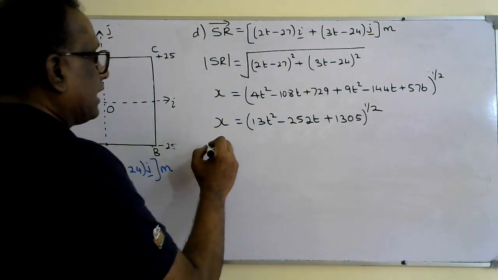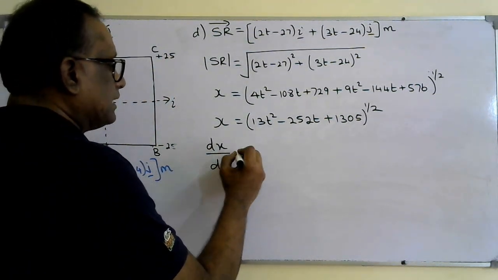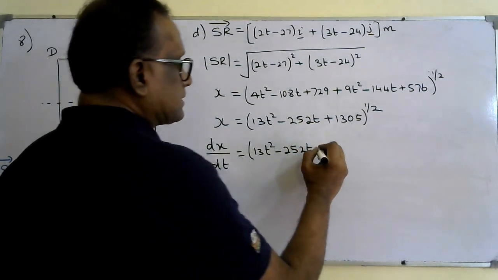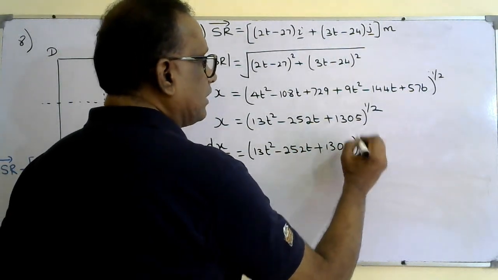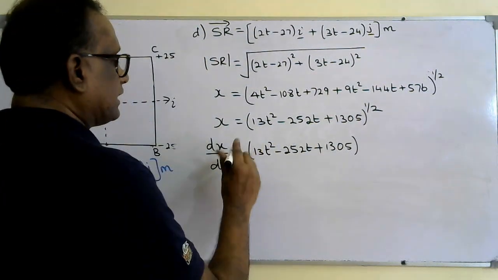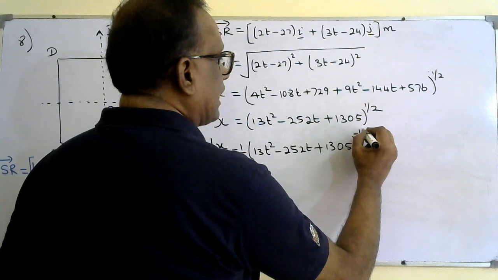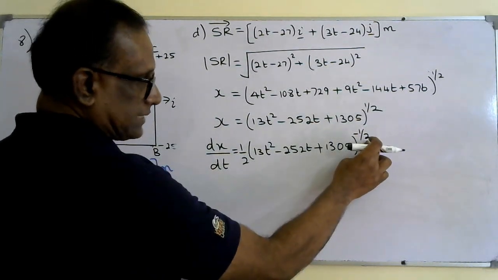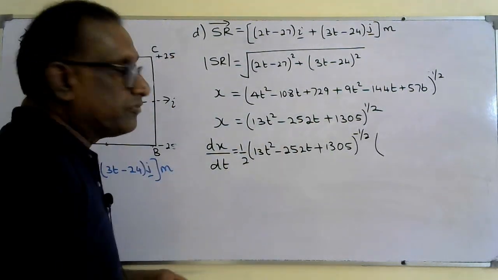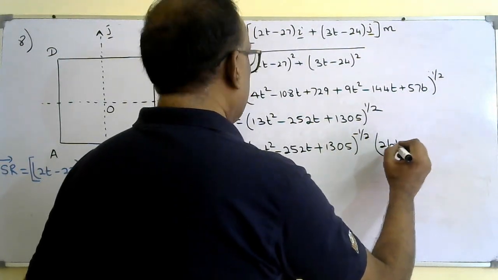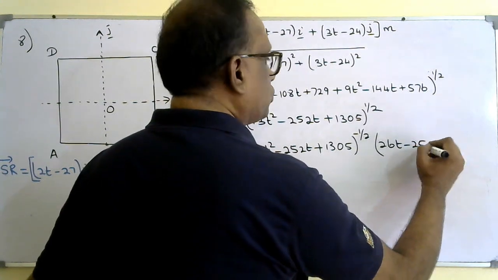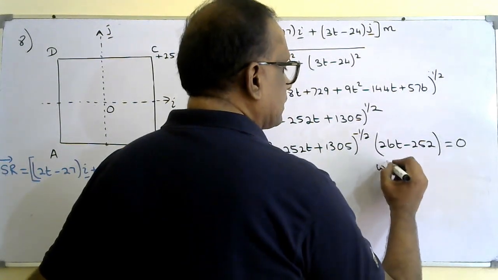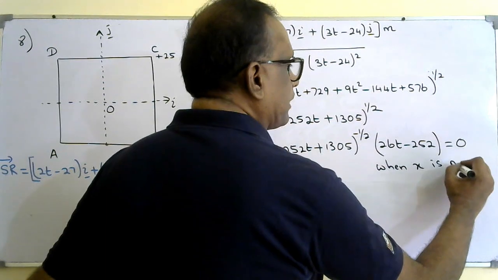So dx over dt is equal to (13t squared minus 252t plus 1305) to the power minus half, times half, times the derivative of the inside, 26t minus 252, equal to 0 when x is minimum.